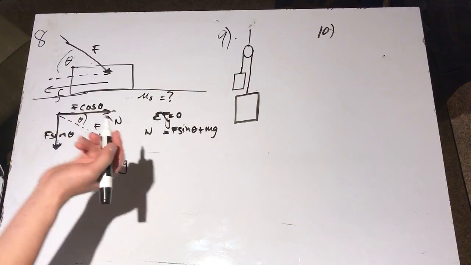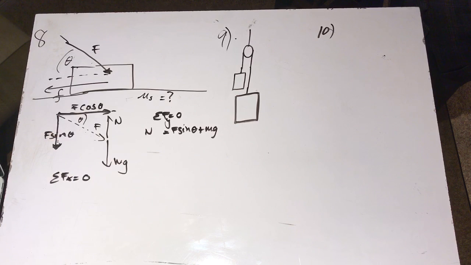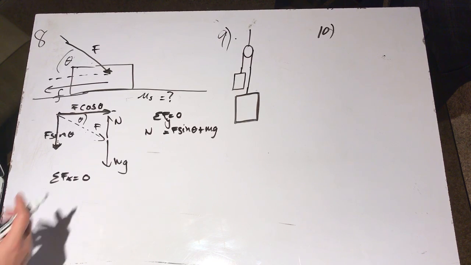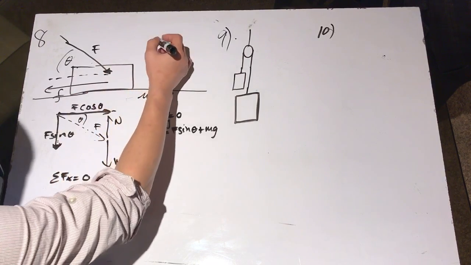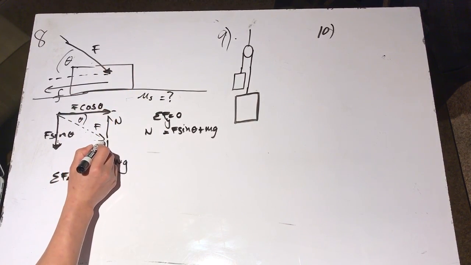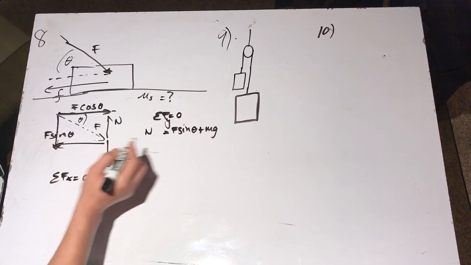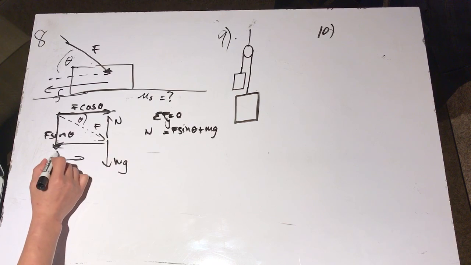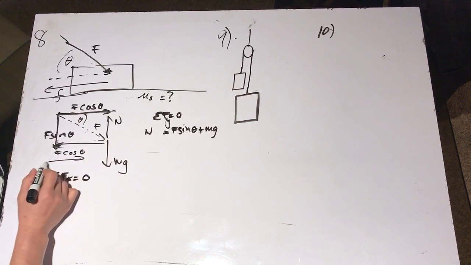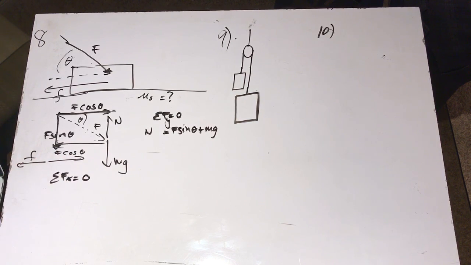So how many forces to the left and how many forces to the right? On this one, when you look at your multiple choice question, you know that F cosine theta is equal to the frictional force.